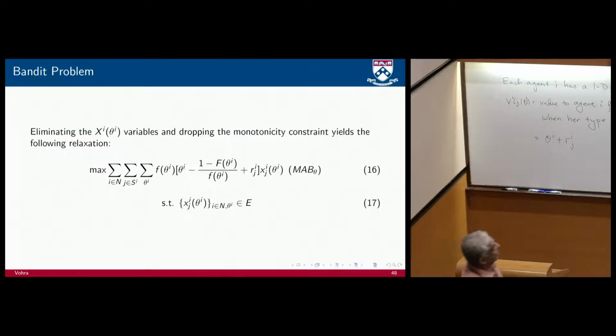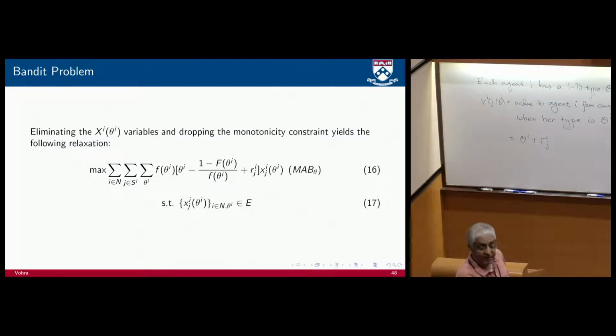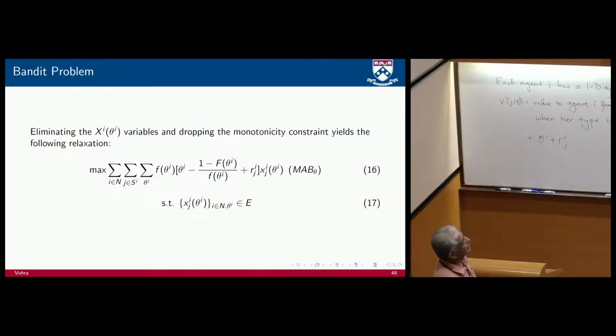Okay, now, of course, I've made life easy for myself by making the theta i's the only private information. What happens if I want the report of the state to be private information as well? All right. So there are sort of two tricks to doing that.